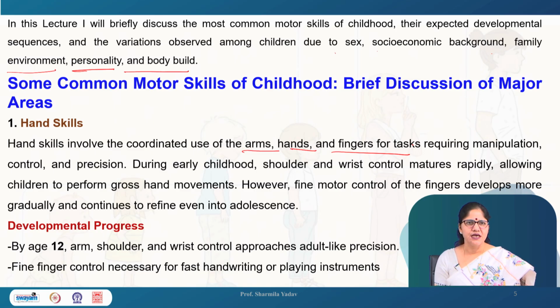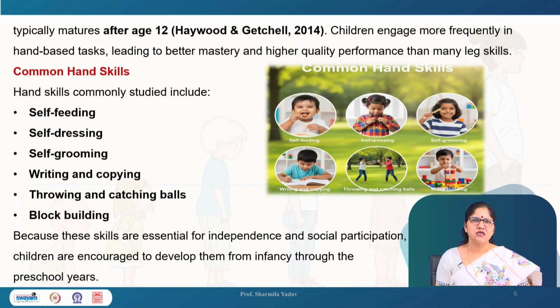Developmental progress. By age 12, arm, shoulder, and wrist control approaches adult-like precision. Fine finger control, necessary for fast handwriting or playing instruments, typically matures after age 12. Children engage more frequently in hand-based tasks, leading to better mastery and higher quality performance than many leg skills.